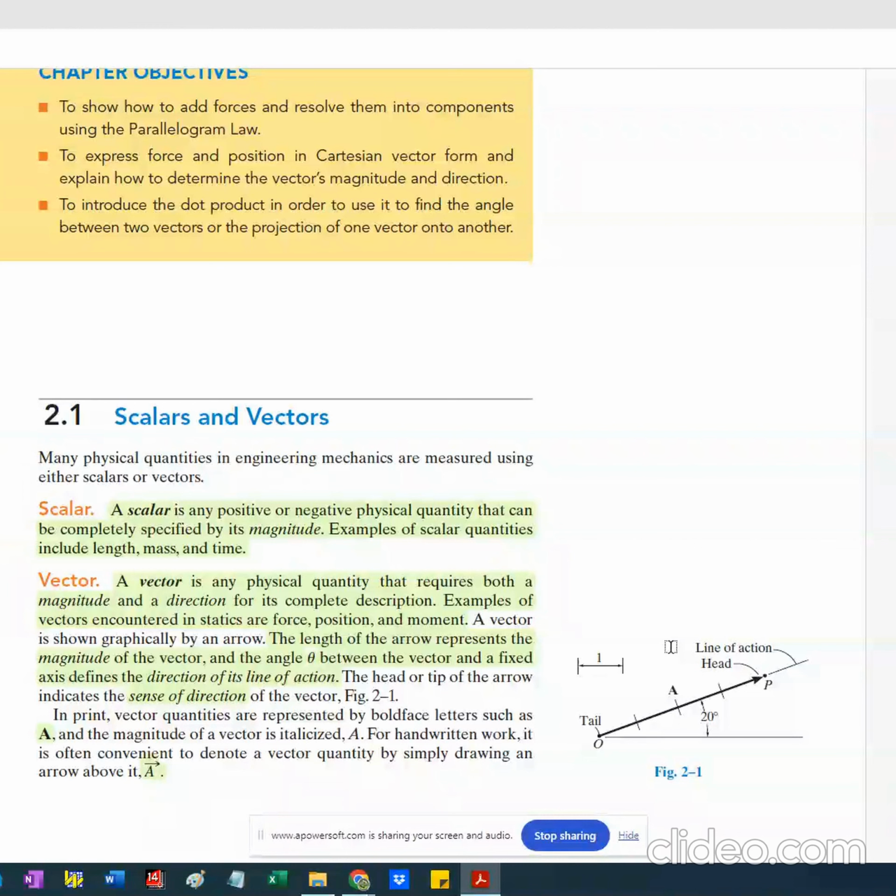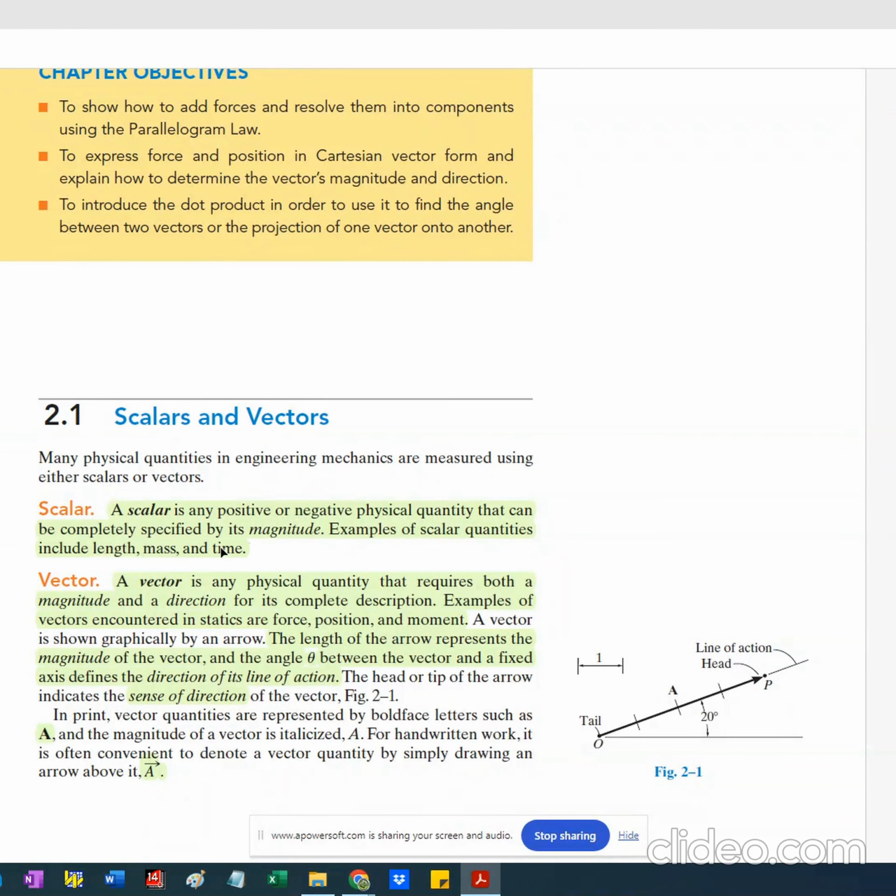So a scalar is a number, positive, that's associated with a physical quantity. So just magnitude. One example is length, or our examples will be length, mass, and time.